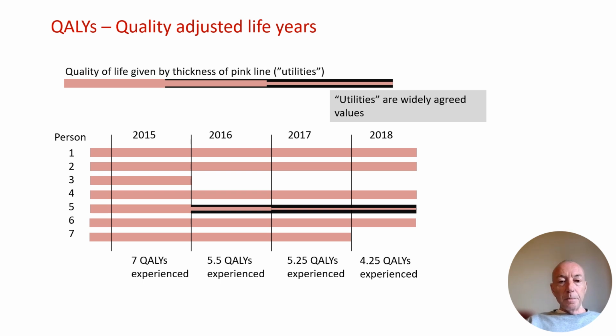And the indicator of the quality of life at a given point in time is this thing called a utility, and these utilities are widely agreed values for people in a given health state. So you can see, for example, in 2016 now, there's only 5.5 QALYs experienced because person number 5 has a health utility during that year of only 0.5.